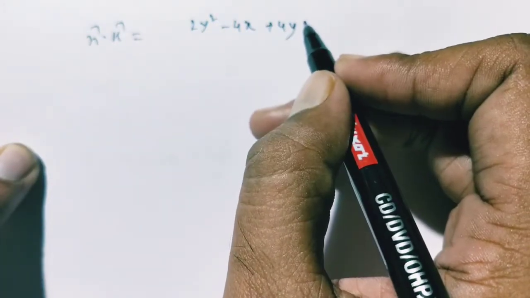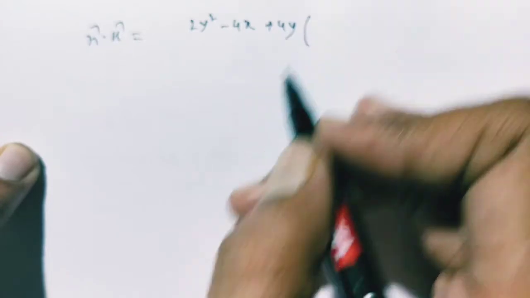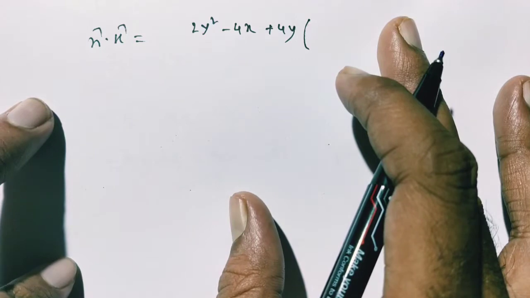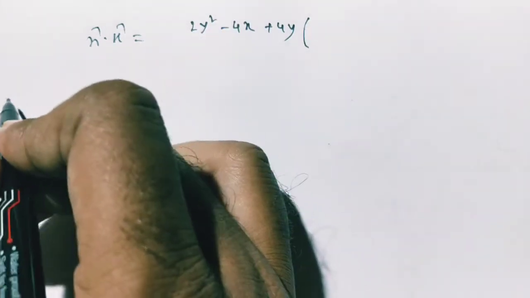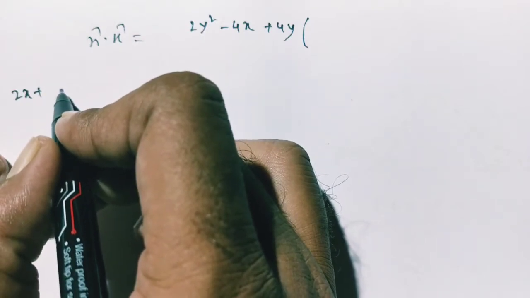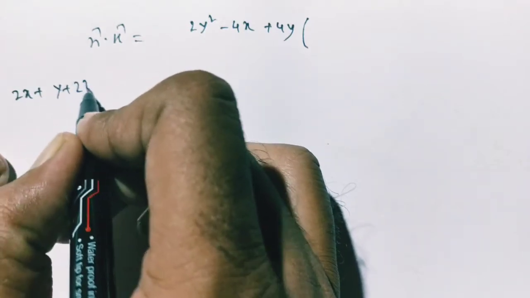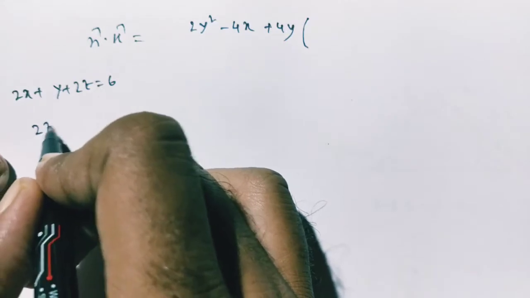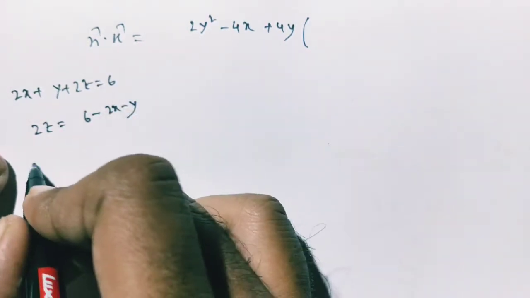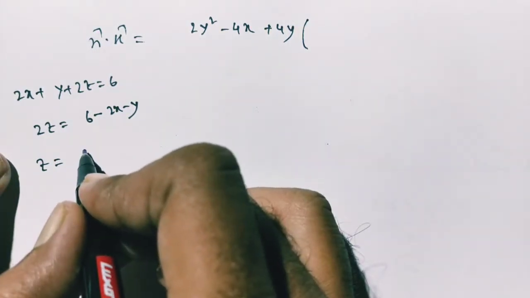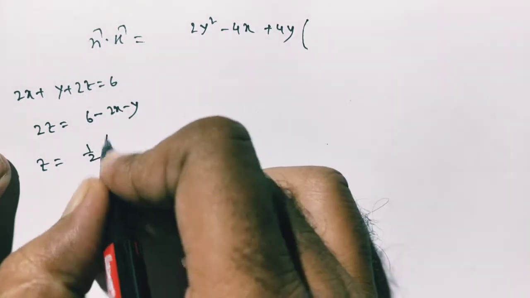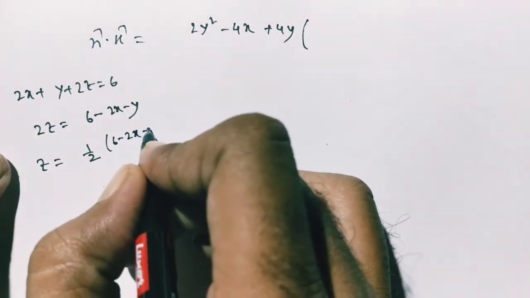Here z is, look, our expression was 2x plus y plus 2z equals 6. So 2z will be 6 minus 2x minus y, so z will be half into (6 minus 2x minus y).